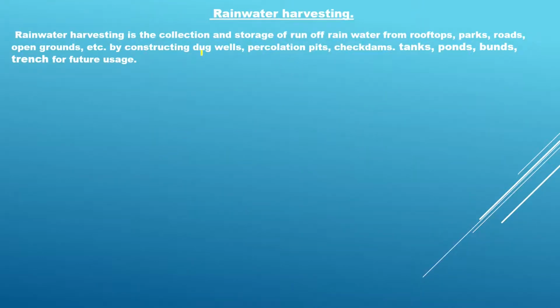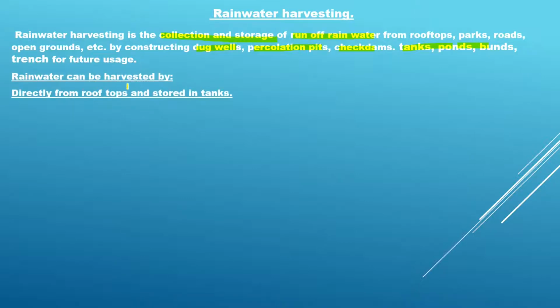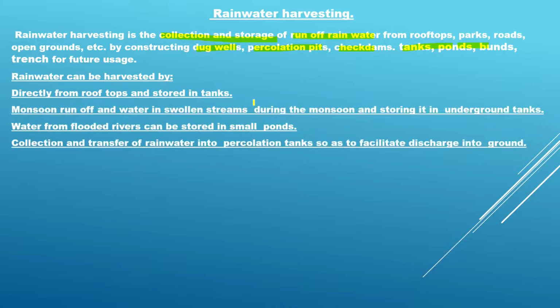Rainwater harvesting is the collection and storage of runoff rainwater from rooftops, parks, roads, open grounds, etc. by constructing dug wells, percolation pits, check dams, tanks, ponds, barriers, trenches for future uses. Rainwater can be harvested directly from rooftops and stored in tanks.